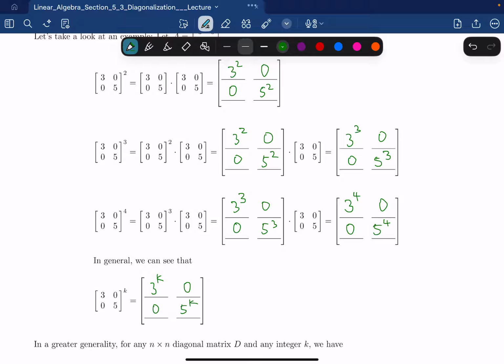And this is not something you get with a general square matrix. There's no way you can square a matrix and simply square each entry of the matrix. So this is something more or less unique to diagonal matrices.